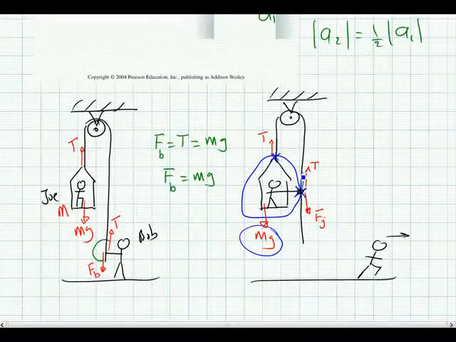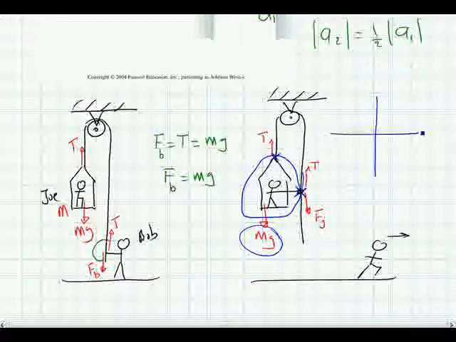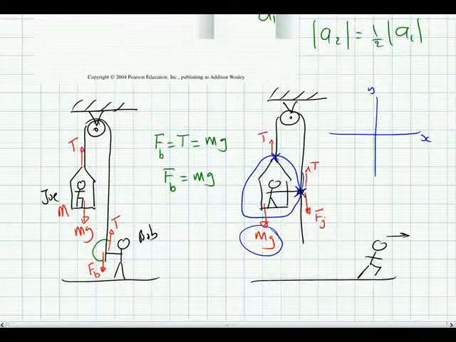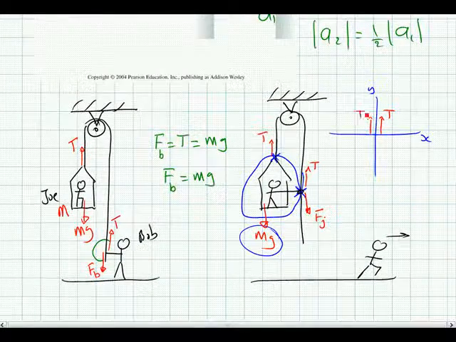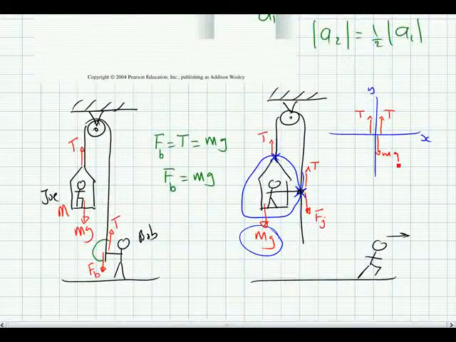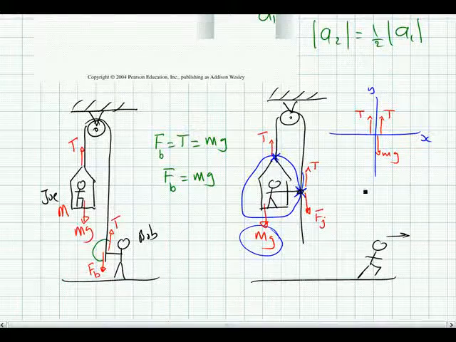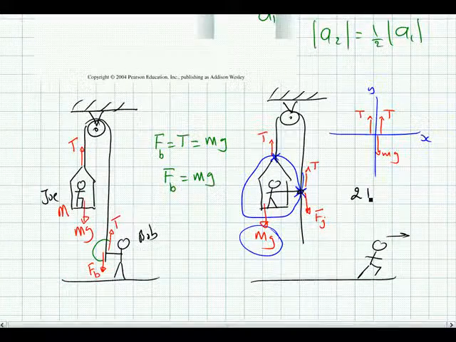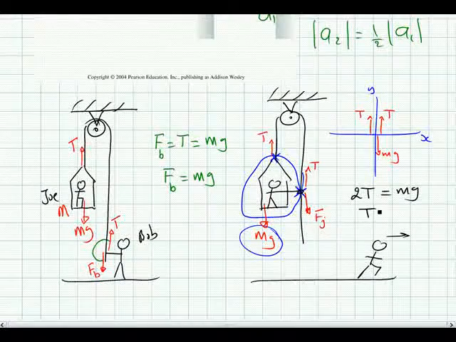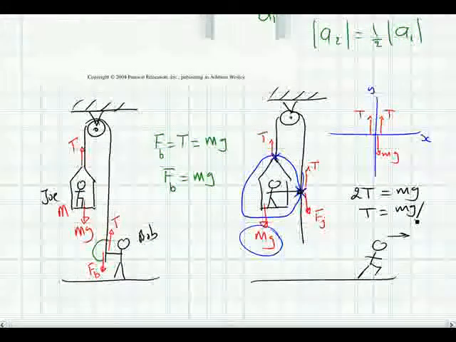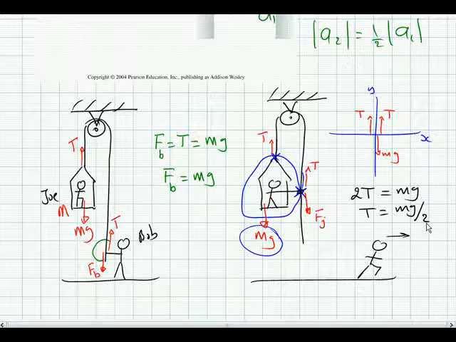Therefore, the type of force is tension. So in our free body diagram, xy, we have two tensions pointing upwards and one mg pointing downwards. Using Newton's law, you can see that 2T must equal mg. In other words, T is equal to mg over 2.